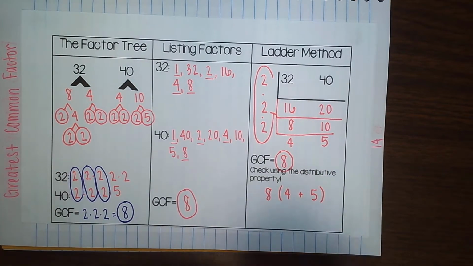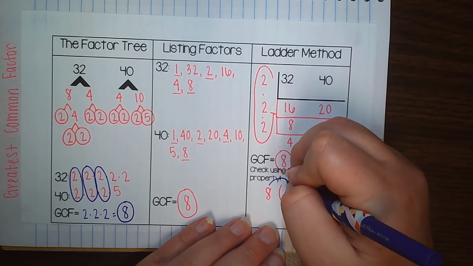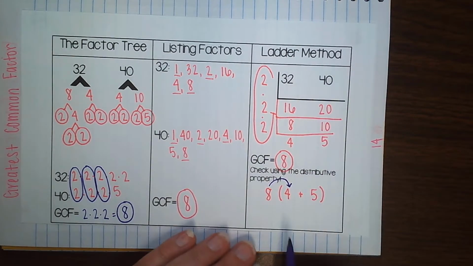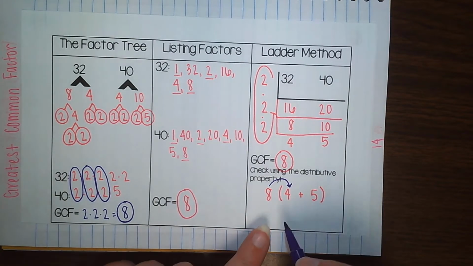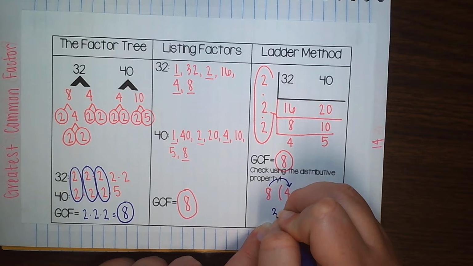If I distribute 8 to 4, and distribute just means to multiply, 8 times 4 is 32.